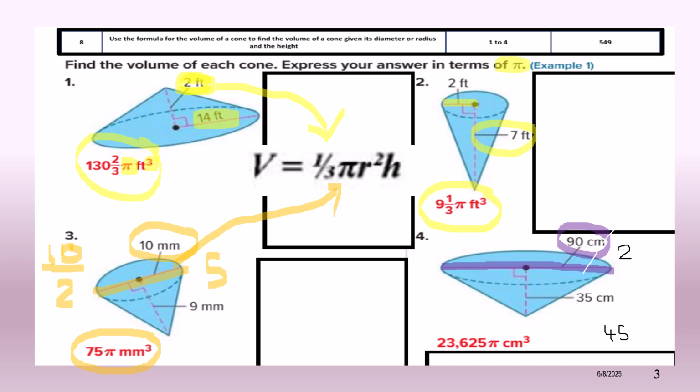Remember, you got to square it, multiply it by your height, which is 35, multiplied by 35, multiplied by pi, and therefore your volume should be 23,625 pi centimeters cubed.